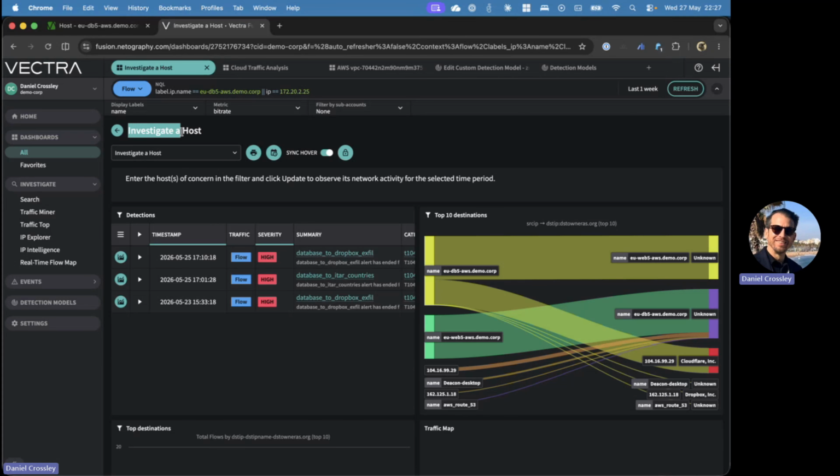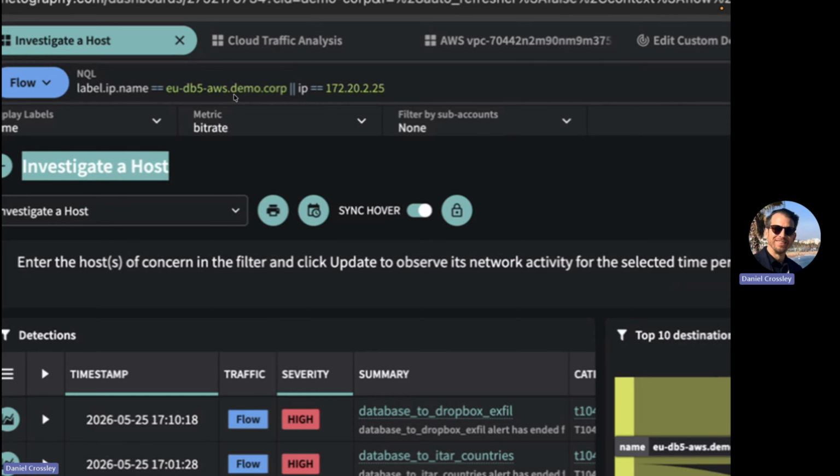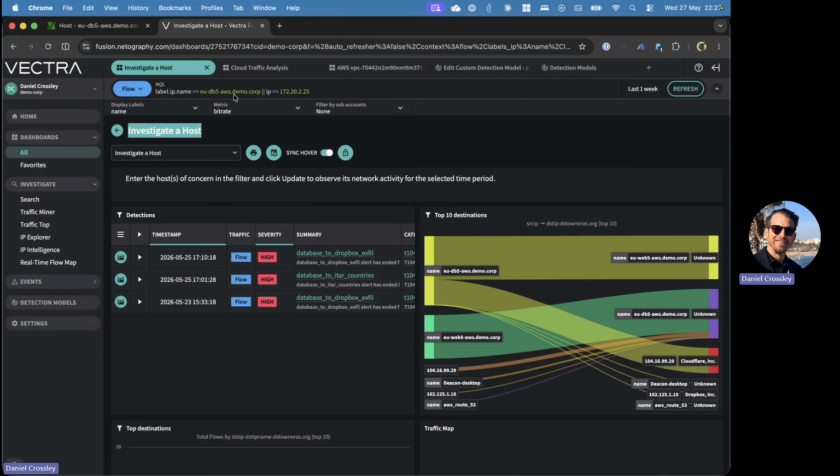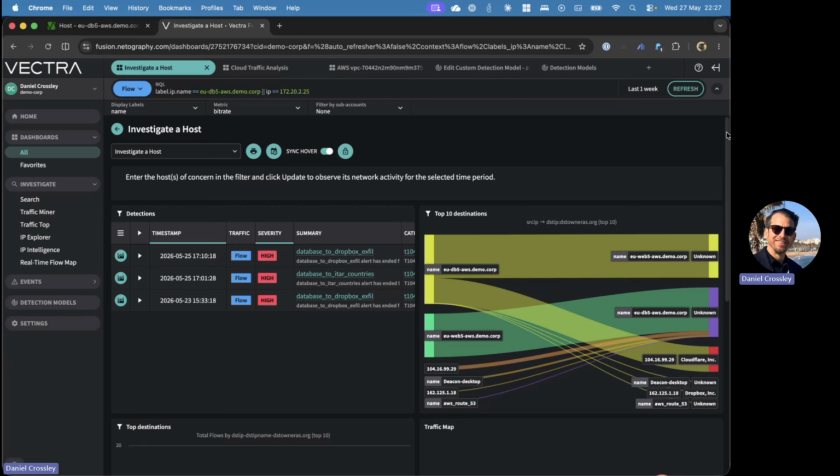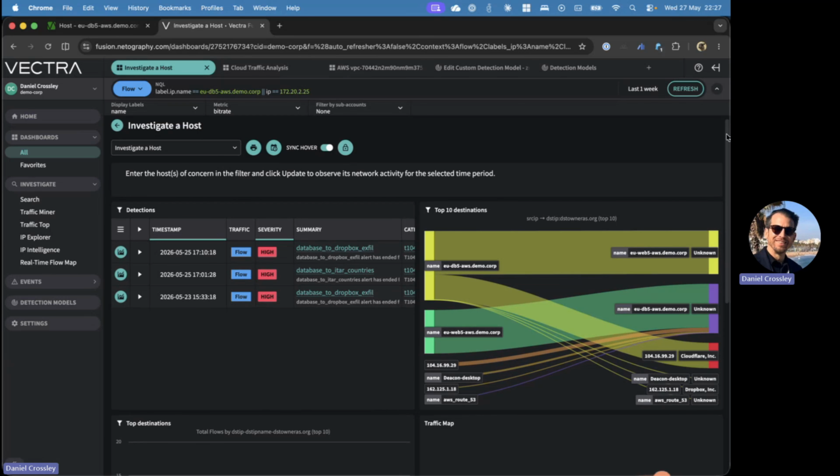There are numerous dashboards included with the Vectra Fusion console, this one being a host investigation dashboard. We're specifically investigating the EUDB5 host, a database server hosted in AWS, and this dashboard is intended to show me information relevant to investigating a host that we suspect might be compromised. Observability is key in this scenario, because we want to understand what the blast radius might be.